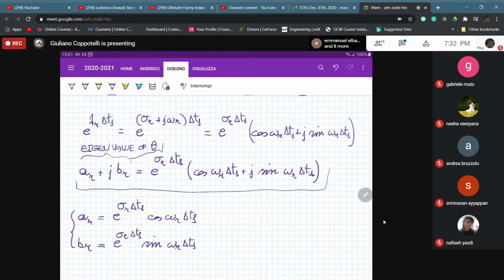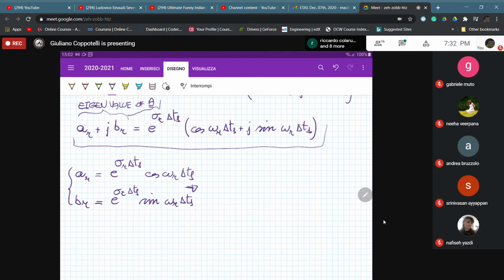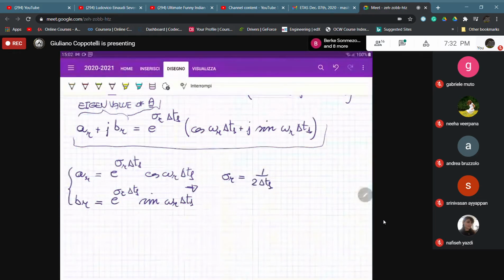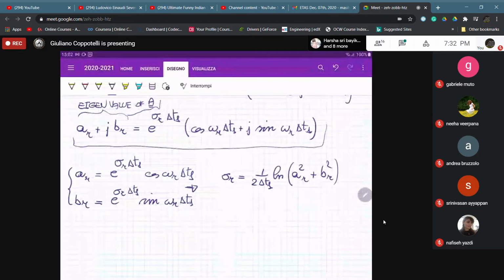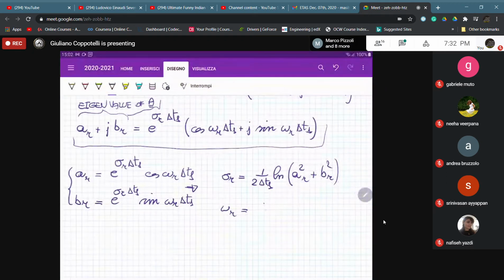Okay, and therefore we have the estimate of the poles of the system. Your sigma R part is 1/(2 delta T1) times the logarithm of the square of the amplitude of the eigenvalue of A, whereas the omega R is 1/delta T1 times the arctangent of the imaginary part over the real part.